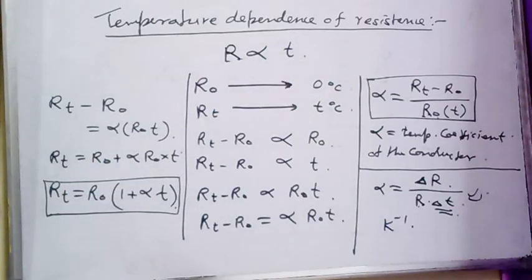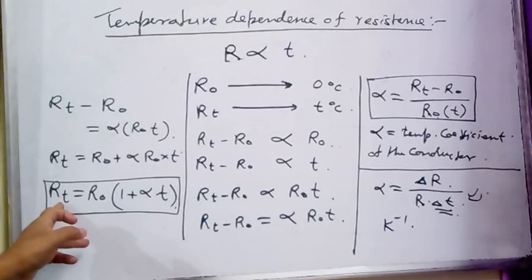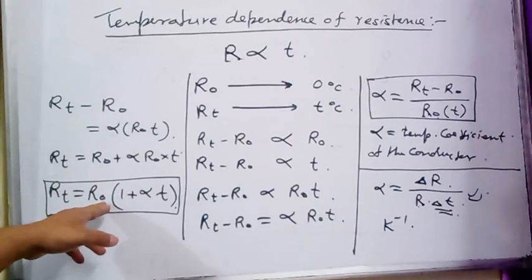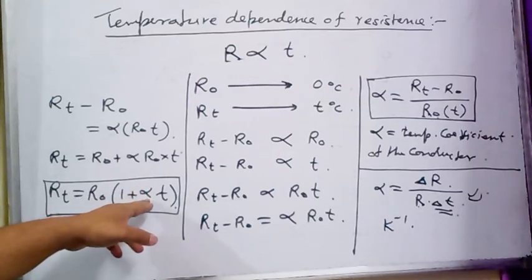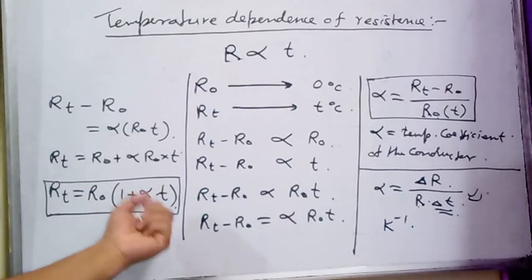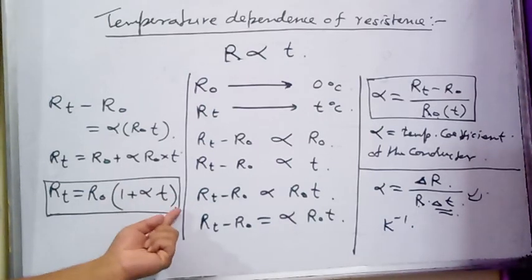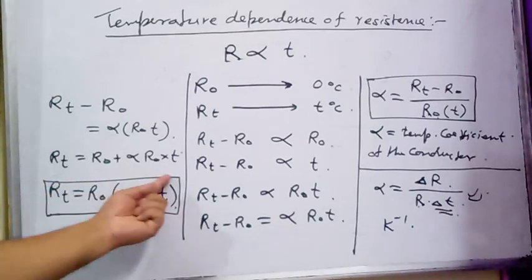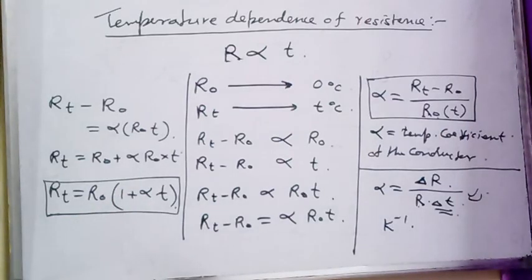So in this way we can calculate the final value of resistance of a conductor if its initial value is given and the temperature coefficient or thermal coefficient of the resistance of its material is provided. Then we can calculate final resistance by this relation.